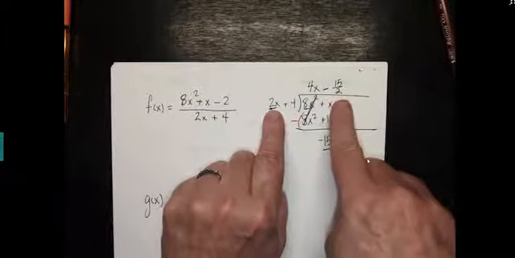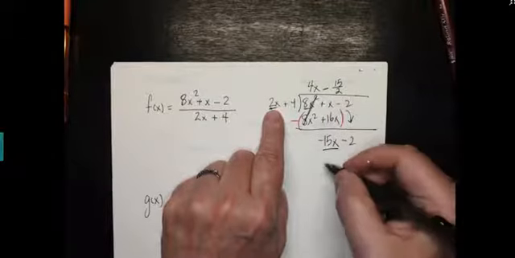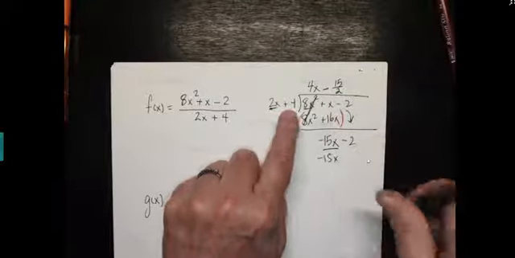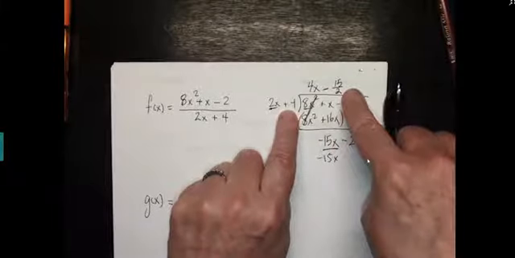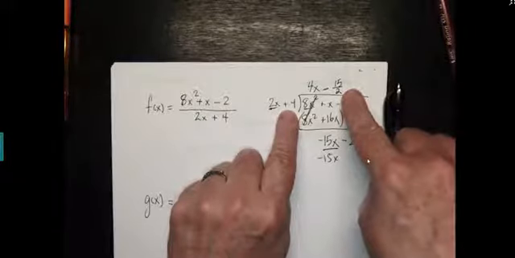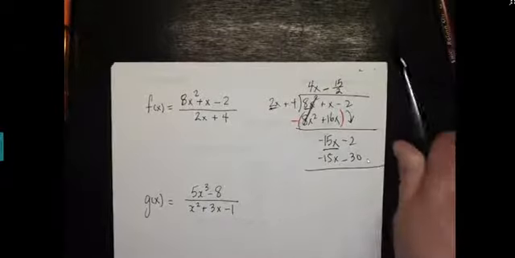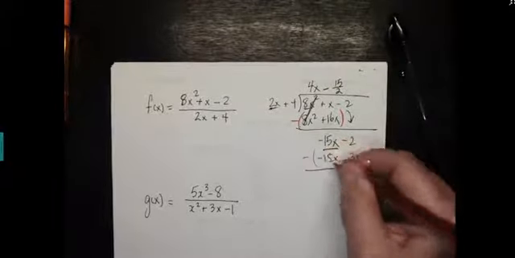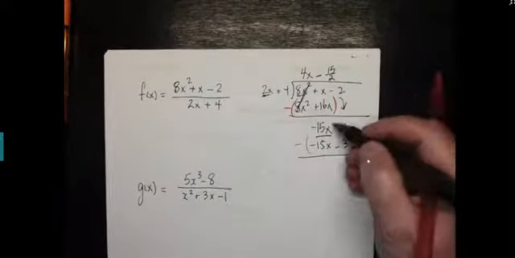2x times -15 halves. Well, the 2's cancel, and I'm left with -15x. And then 4 times -15 over 2 is going to be -30. And then I subtract. -15x plus 15x, they cancel.